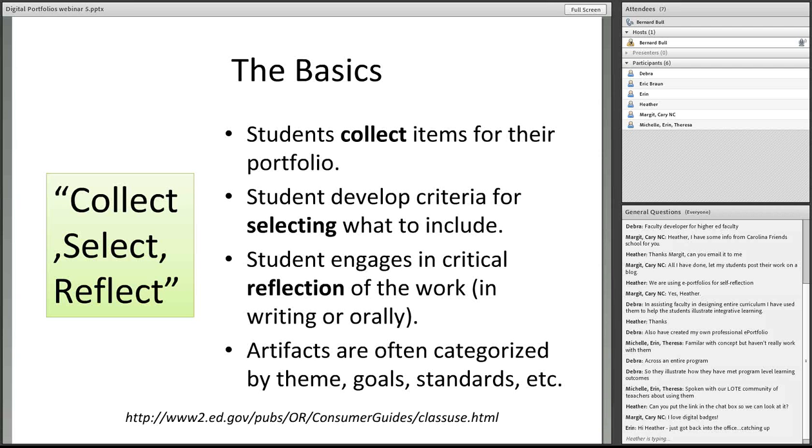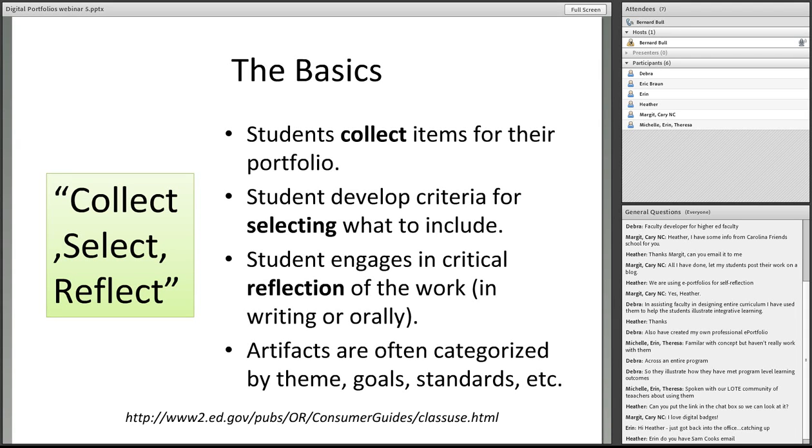And then the audience asks them questions. So they reflect out loud, and the audience helps them reflect on their work. That can be pretty powerful. And oftentimes the artifacts are categorized by certain themes, goals, standards, or objectives.